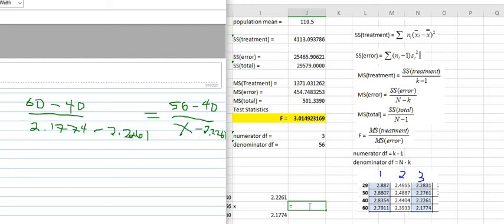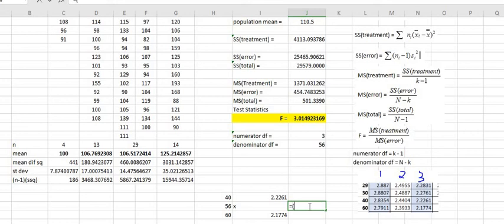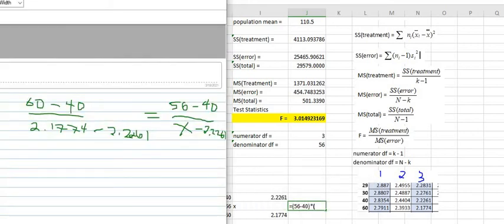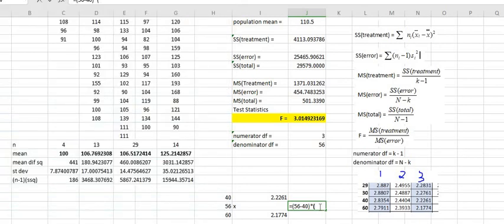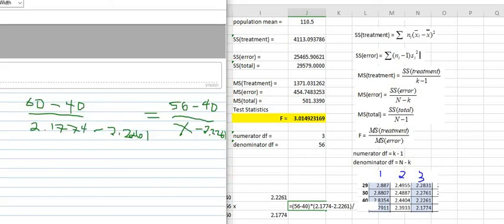Okay. 56 minus 40, multiplied by, para lang may guide ako, ha, 2.1774 minus 2.2261, okay, divided by 20.